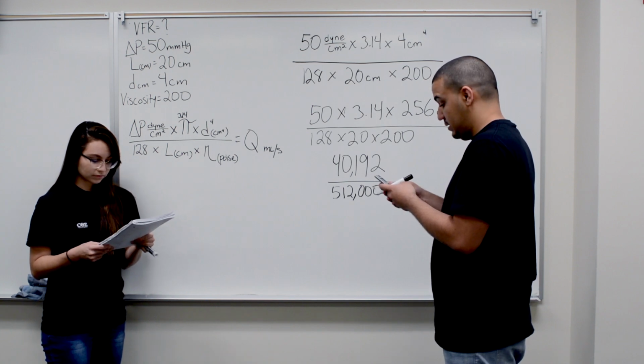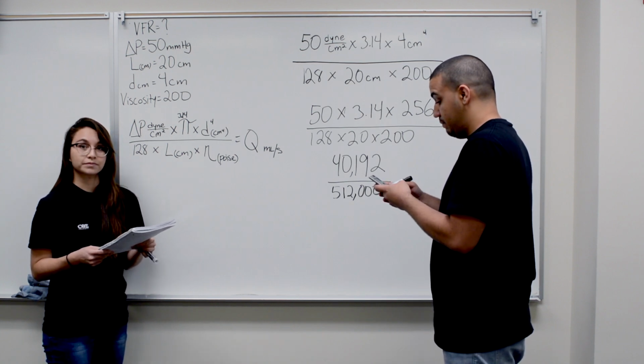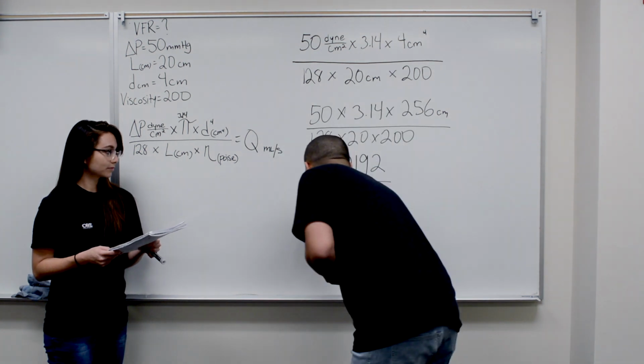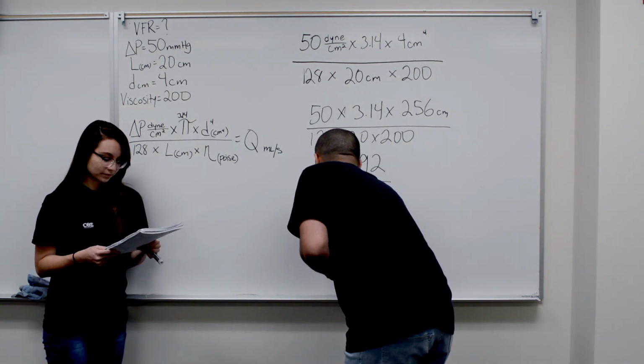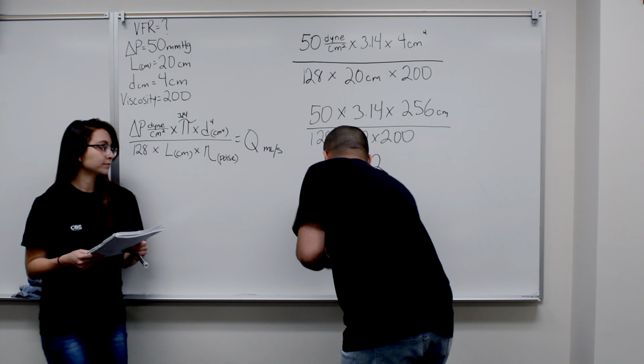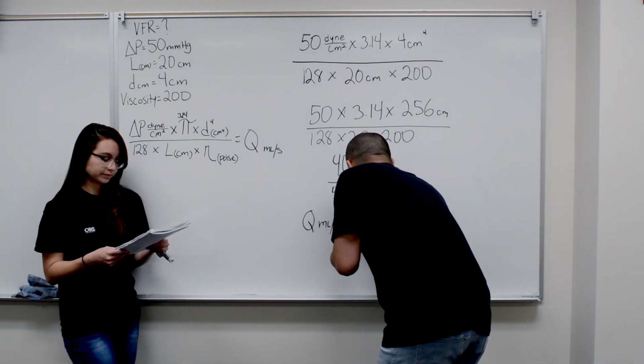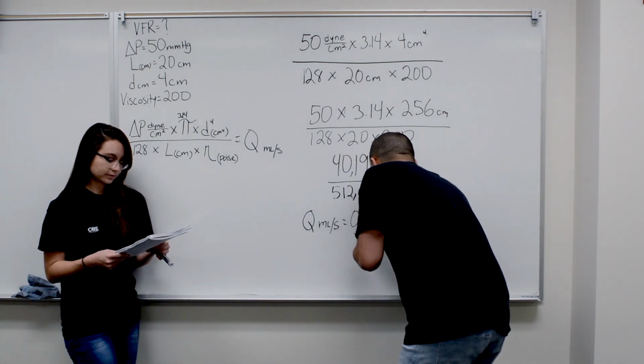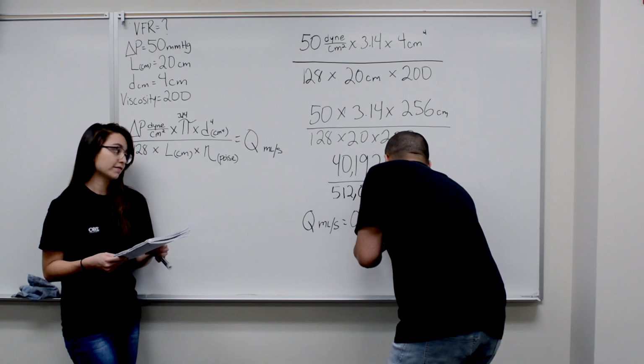Boom. And your volumetric flow rate equals 0.0785.